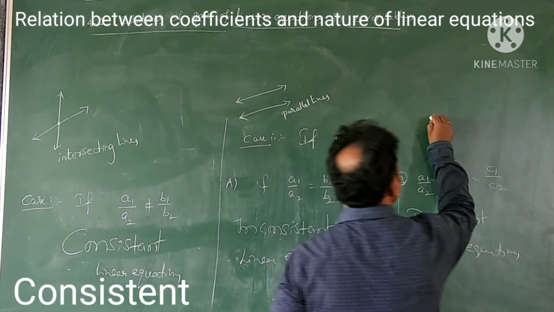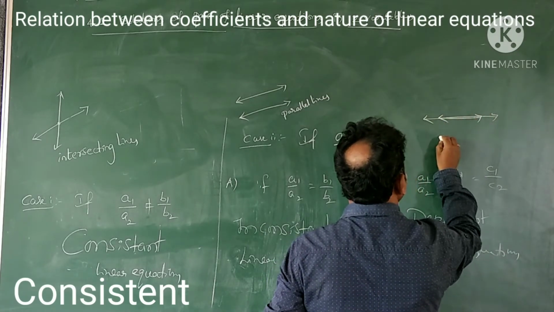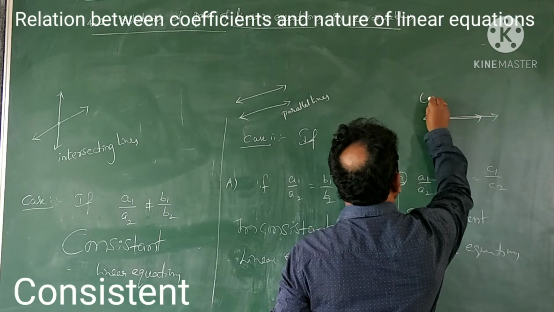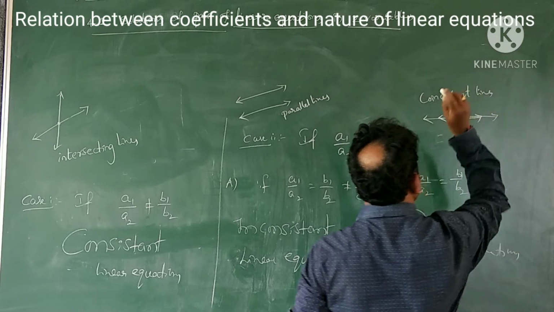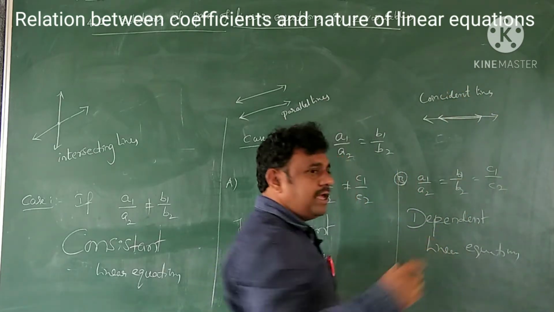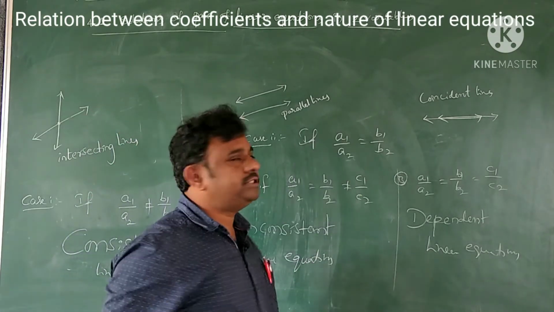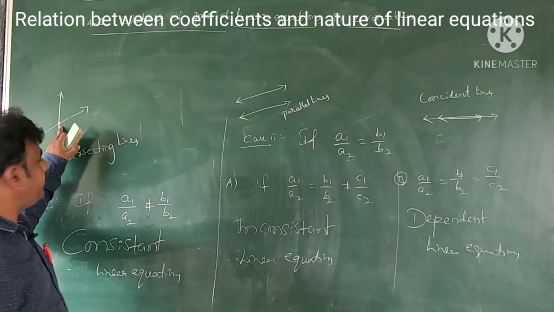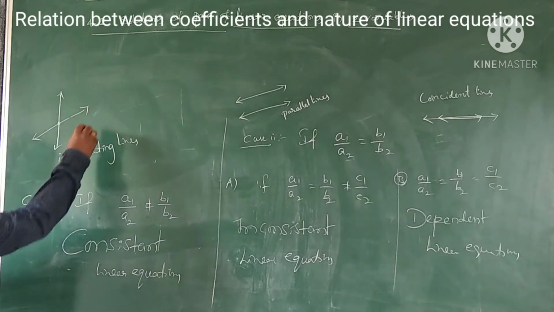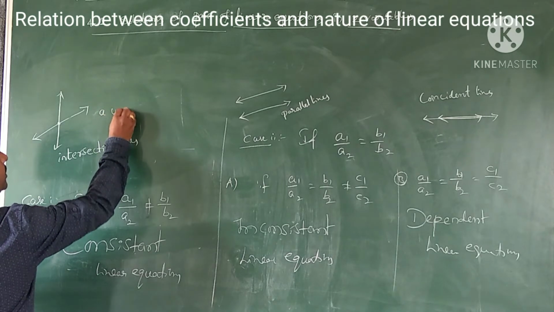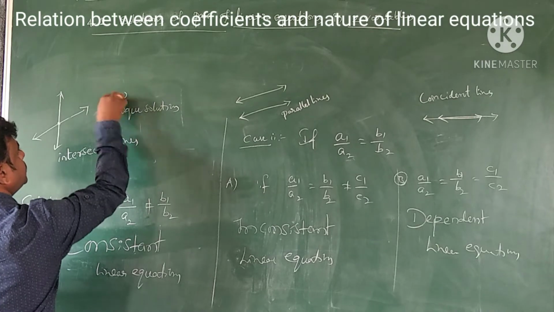If all are equal, these are coincident lines. They pass through each other. Coincident lines. How many solutions? The pair of linear equations has a unique solution, or one solution.